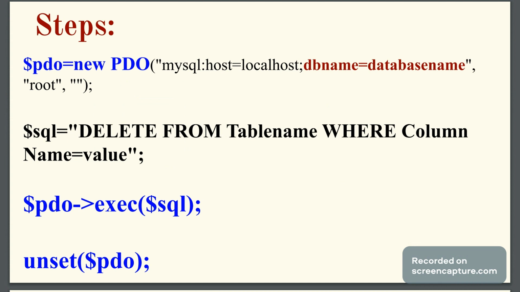Now we have to write a delete query: delete from table name where column name is equal to value. Which record you want to delete, just specify that in a where clause. Now run this query using the PDO arrow exec method, and at the bottom close the connection using the unset method.